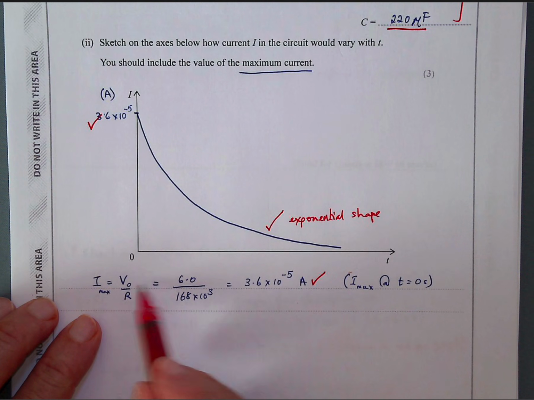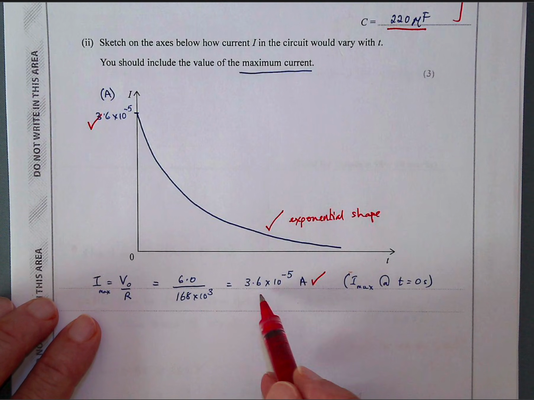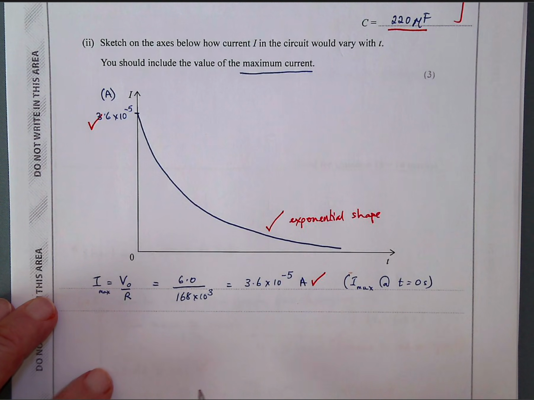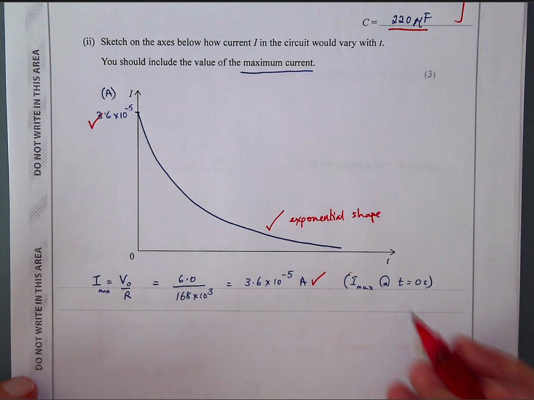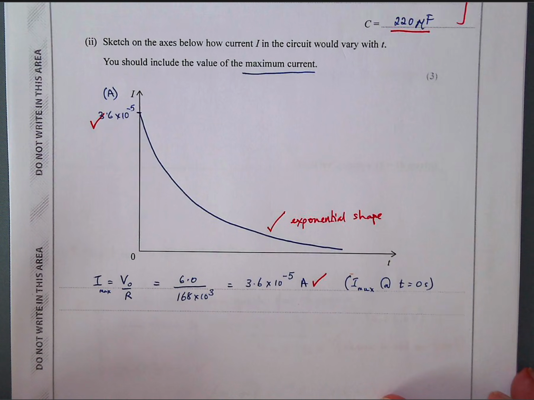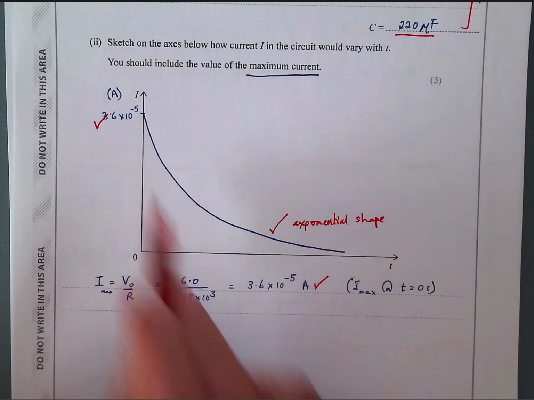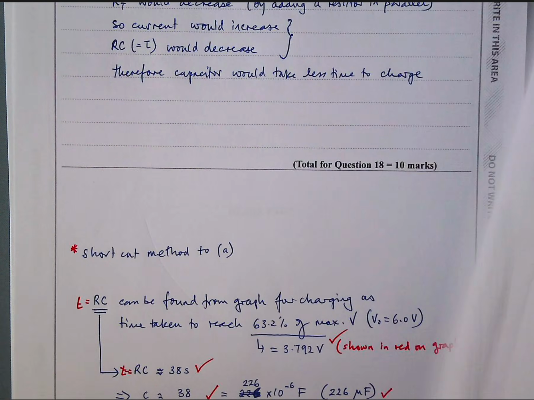So it would be V0, which is 6.0, divided by the 168 kilo ohms, and you get that the maximum current at the beginning will be 3.6 times 10 to the minus 5 amps, which is 36 microamps. And that's at time t equals 0. So you get 1 for putting that in, 1 for showing the shape there, and 1 for doing the calculation. So that's your 3 marks.